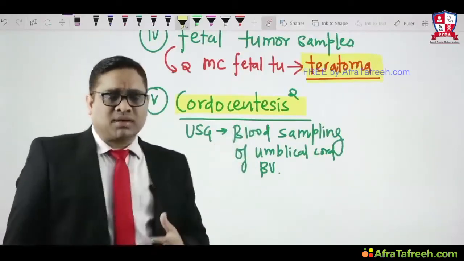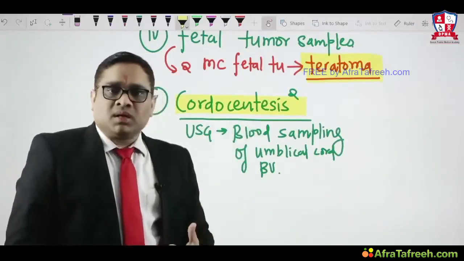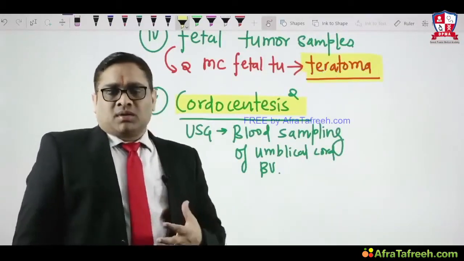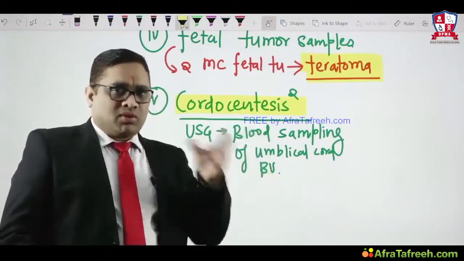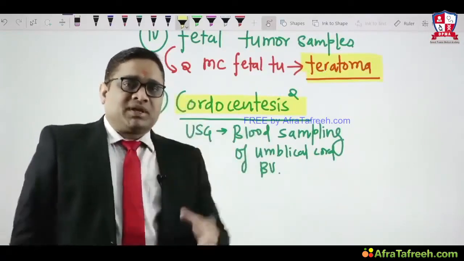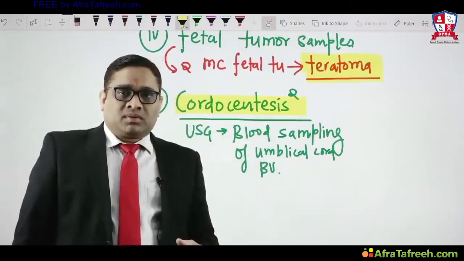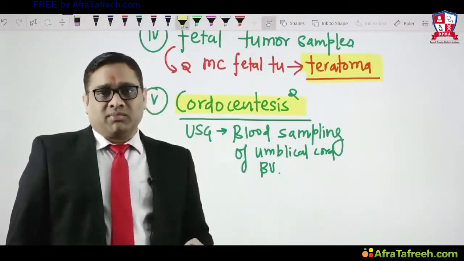So we have taken the sample. After the sample has been taken, we cannot process all the samples on the same day, so we need to fix them also. What will be the ideal fixative for karyotyping? That was the question in All India exam and DNB exam.